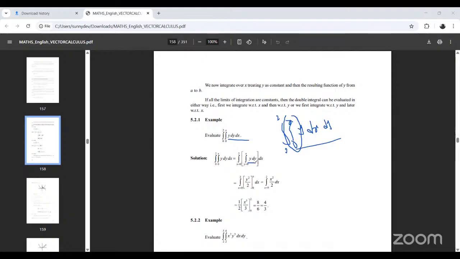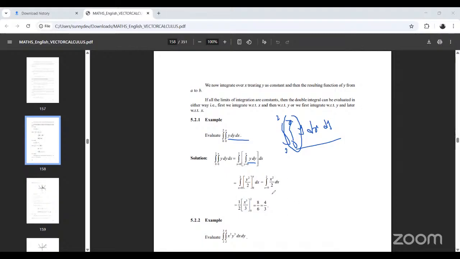So y dy is y squared by 2, and the limits are 0 to x. When we apply the limits, in place of y we substitute x, which becomes x squared by 2, and again in place of y we substitute 0, so x squared by 2 minus 0 by 2 becomes x squared by 2.